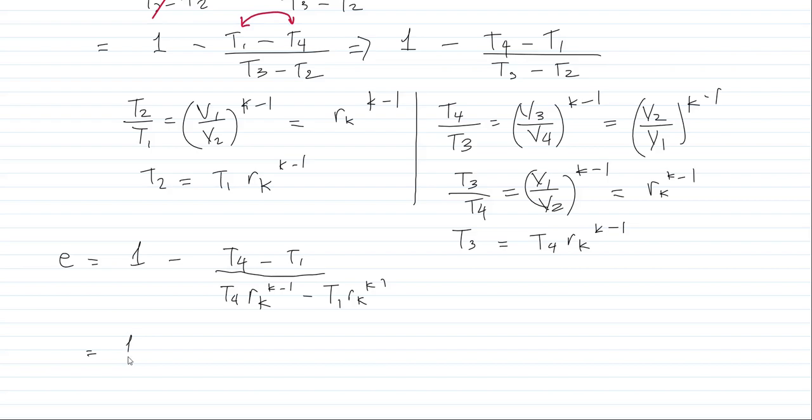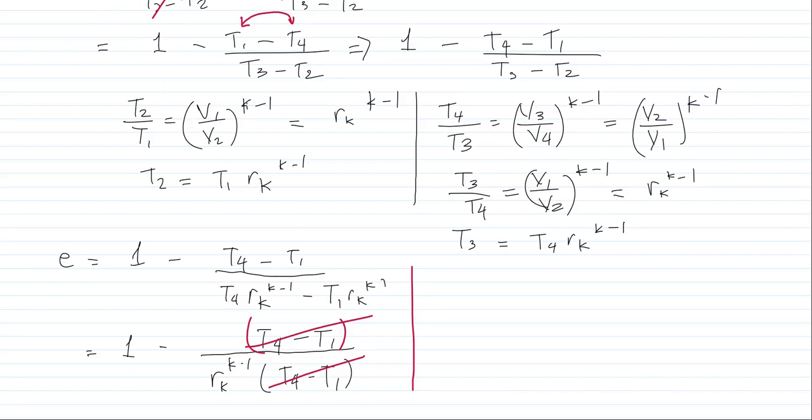So in the denominator, I can factor out R sub k raised to k minus 1. And I will have T4 minus T1. And in the numerator, I have T4 minus T1. So what will happen is I can cancel T4 minus T1. And finally, the simplified formula for efficiency will become 1 minus 1 over R sub k raised to k minus 1.